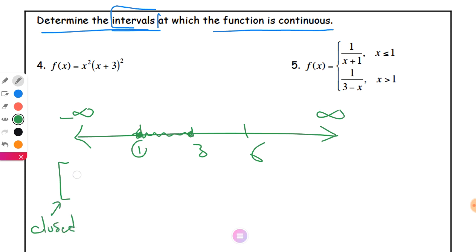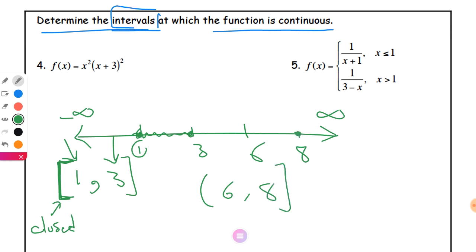Okay, 1, 3. I have an infinite number of numbers between 1 and 3. This means 1 is included in my set and 3 is included in my set, if we use this closed bracket. Now look here, like 6 and 8. If you have it like this one, this is open at 6, which means 6 is not included in my solution or in my set.